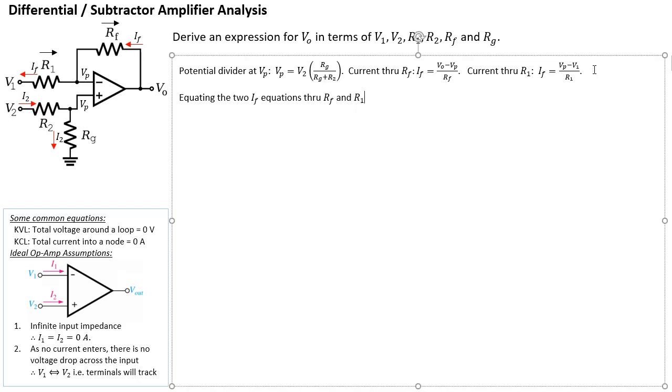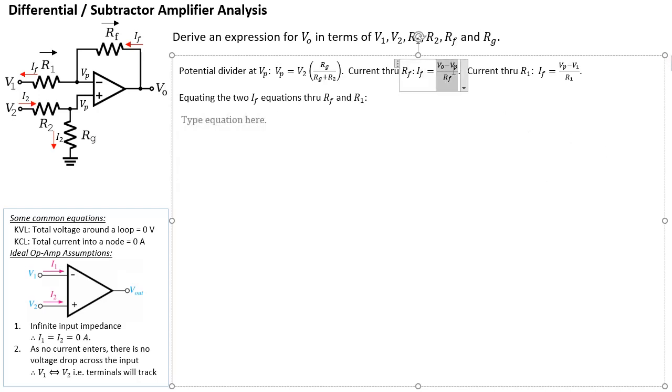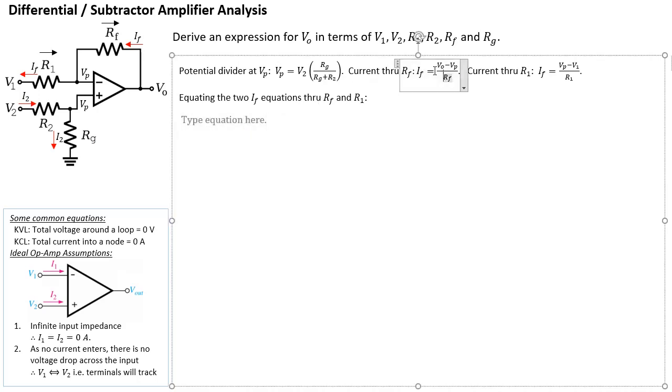All right. So therefore, we're going to have an expression like the following. We're going to have this term here, equal to this term here. So I'm going to copy this. That is going to be equal to this.